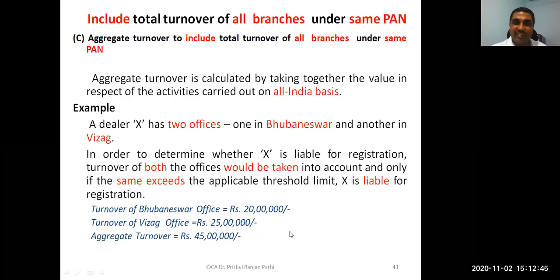Is it at Bhubaneswar or is it at Vizag or both? Where should he register? Can some of you answer? Or at least some of you can guess where registration will be done?